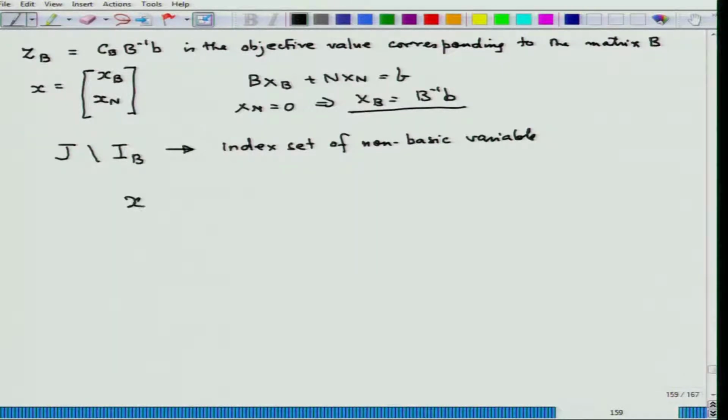So, xN can be written as xj in a short form, where j belongs to the non-basic index set. So, there are many ways to write these obviously simple looking things. But certain notations are important for the simplex method.